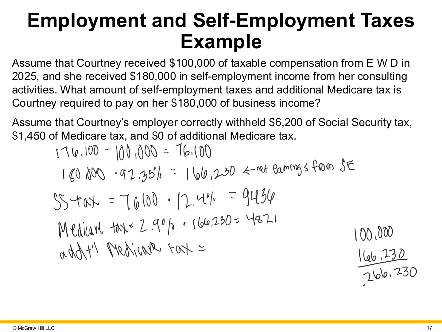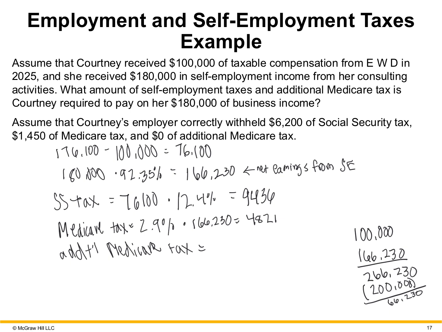So if we subtract 200,000 from our little sub step that we just did, that gets us 66,230. And so then if we compare that to 0, 66,230 is greater than 0.